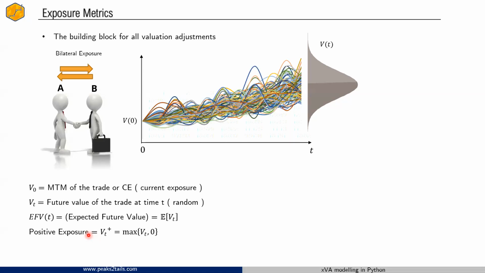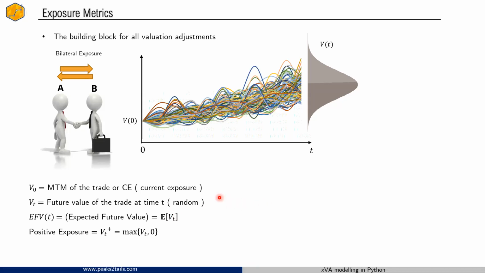Suppose you are long an option, and the option is in the money, and you are winning. The counterparty owes money to you, your exposure is positive, and only then you have counterparty credit risk. That's why we are interested in positive exposure. That is the inspiration. If it is negative, we don't bother. If the value of the trade is negative for you, then there is no counterparty credit risk.